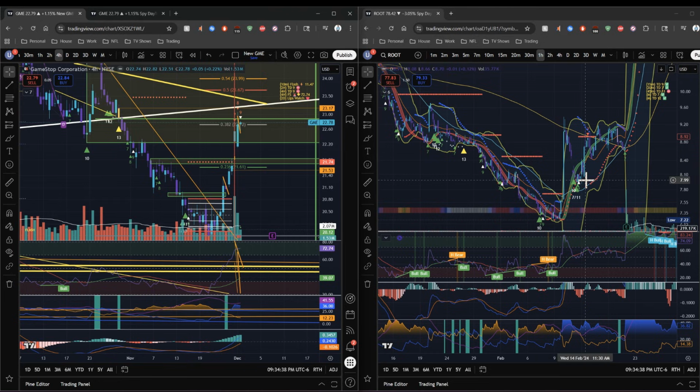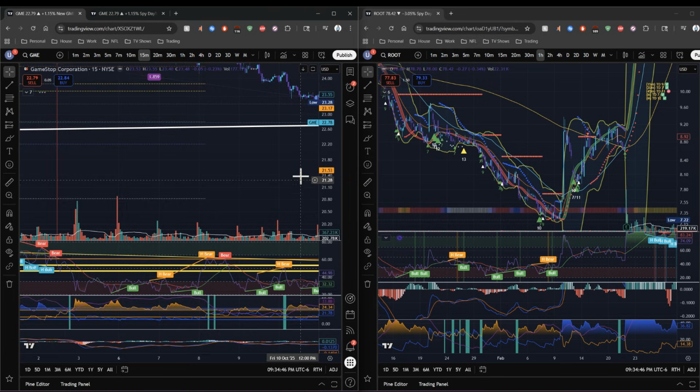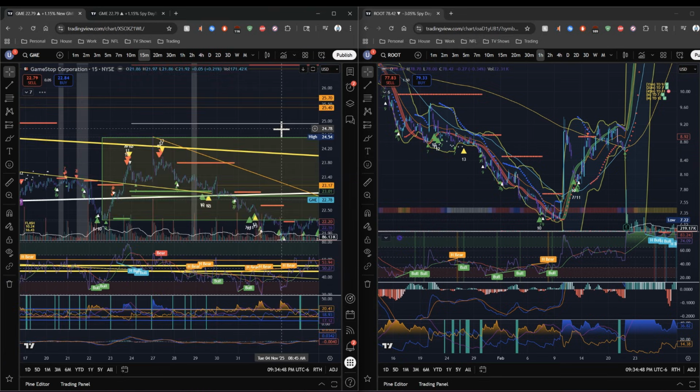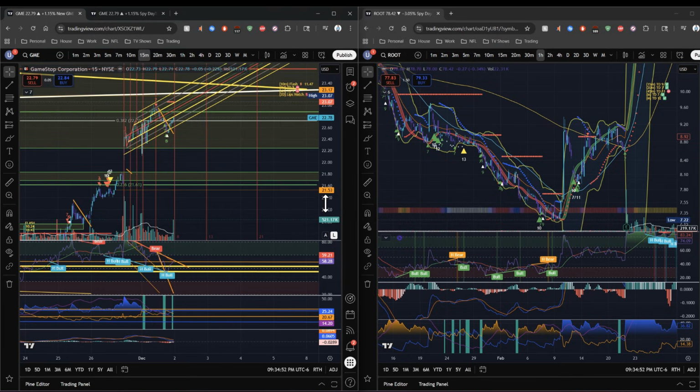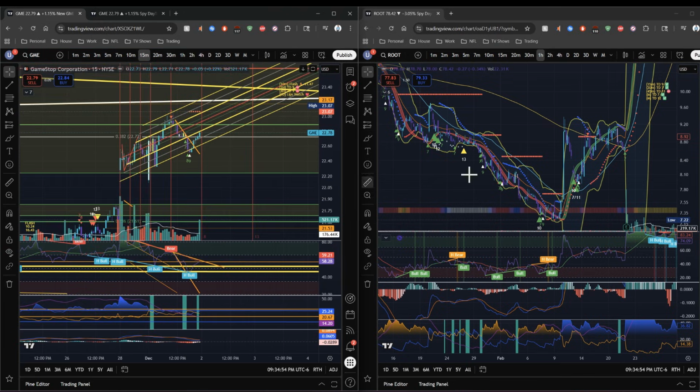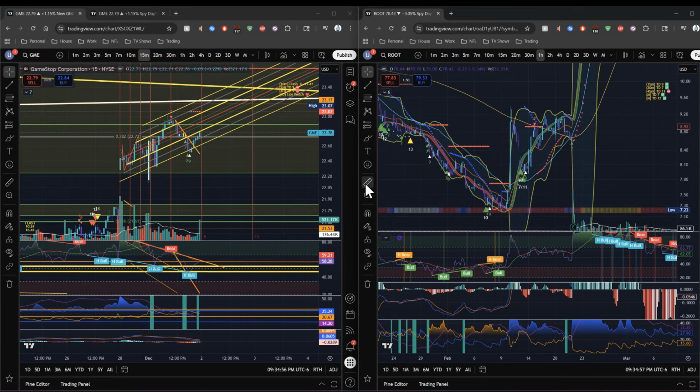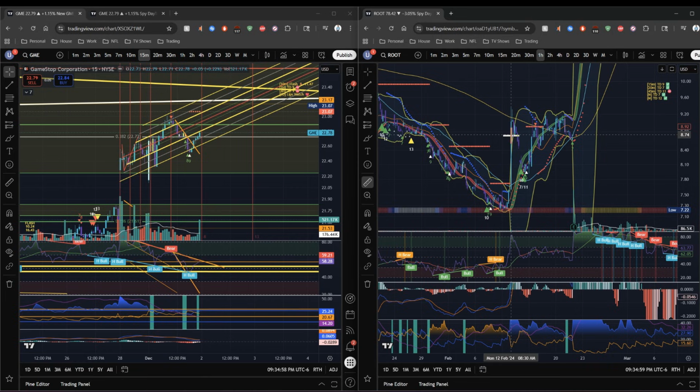So that's what I would say about Root here in the interim time. If we were to look at the smaller time frames, we'll get into what I was looking at here. Okay, so we know that if we look on Root, from the move up to when earnings was, it was 9 days.